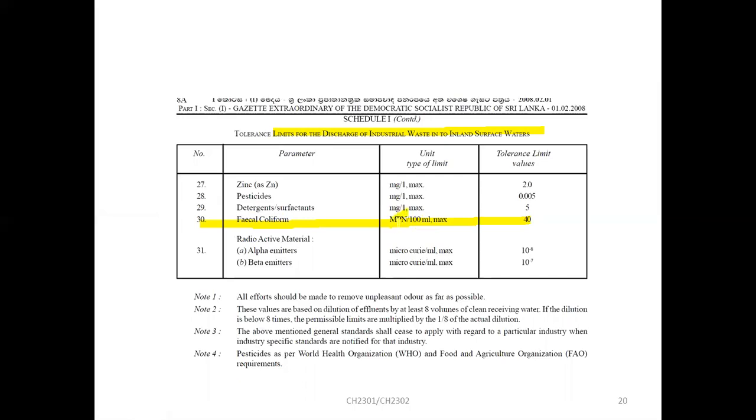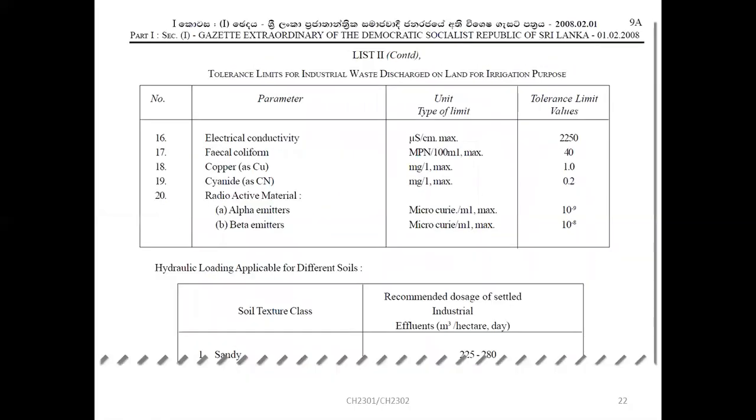Okay, you can check the meaning of MPN, most probable number. And let's see whether the fecal coliforms are available in other standards. Yes, so it is available in the tolerance limits for the industrial waste discharge into land for irrigation purposes.